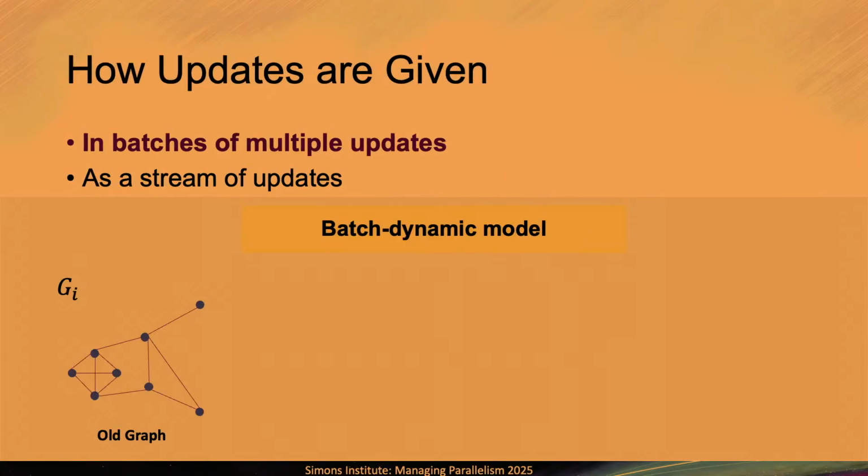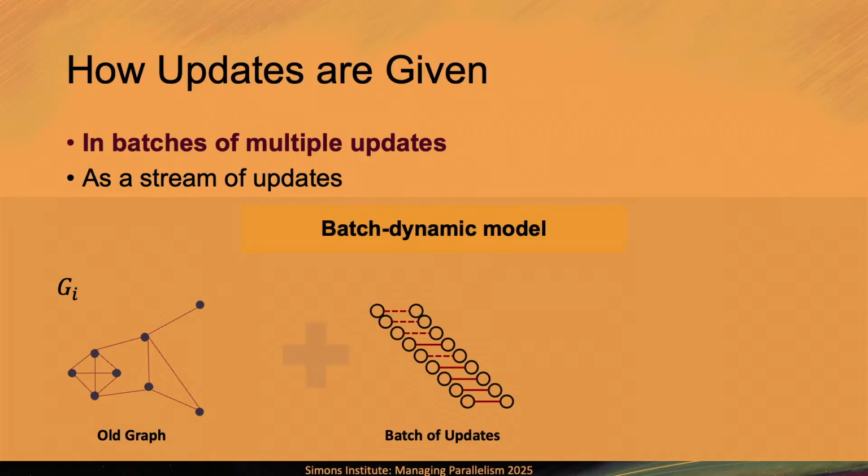The batch dynamic model is one form of model for representing dynamic updates. In this model, you have batches of multiple updates that are given to your graph at the same time. Here, you can see an original graph on the left, which is your graph at time i. Then you're given some series of edge insertions and edge deletions.